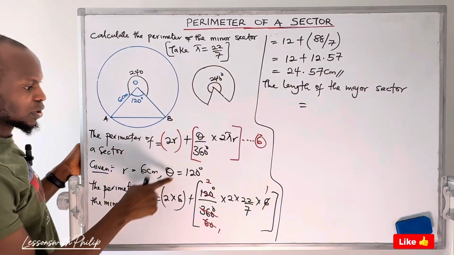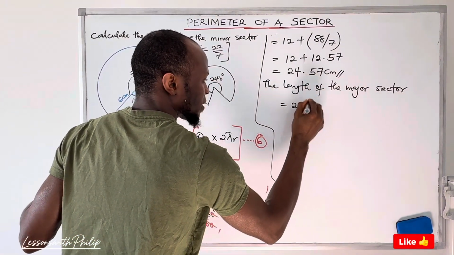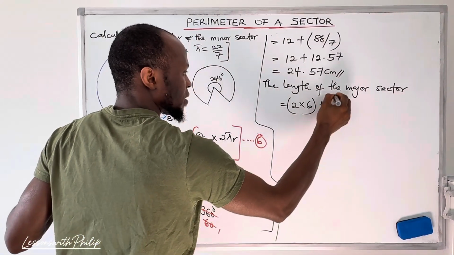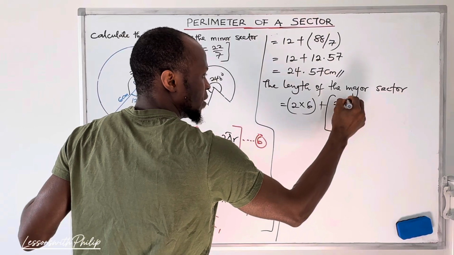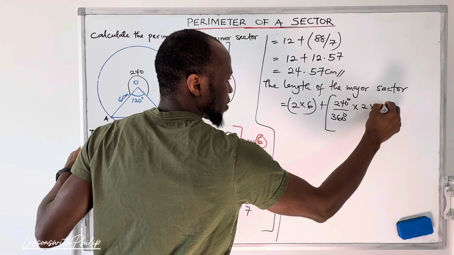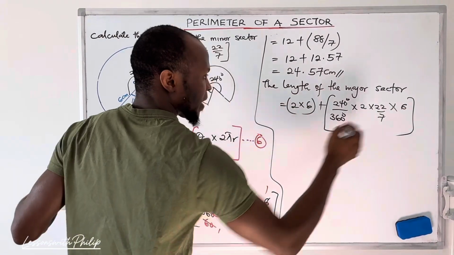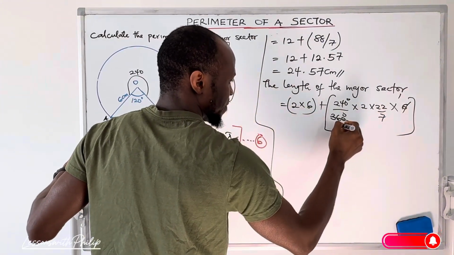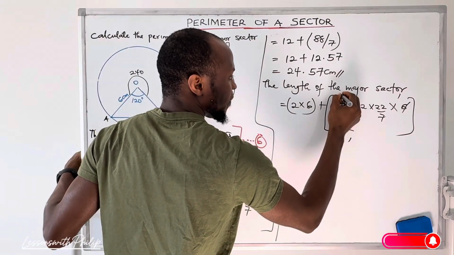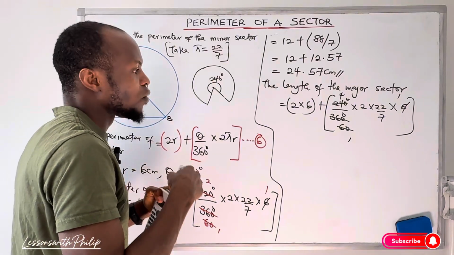Now my radius is still 6. That is 2 times 6 plus my angle, which is 240 degrees divided by 360 degrees multiplied by 2 multiplied by 22 over 7 multiplied by my radius, which is 6. Now 6 here gives 1, 6 here gives 60. 60 here gives 1, 60 here gives 4. So now what do we have?